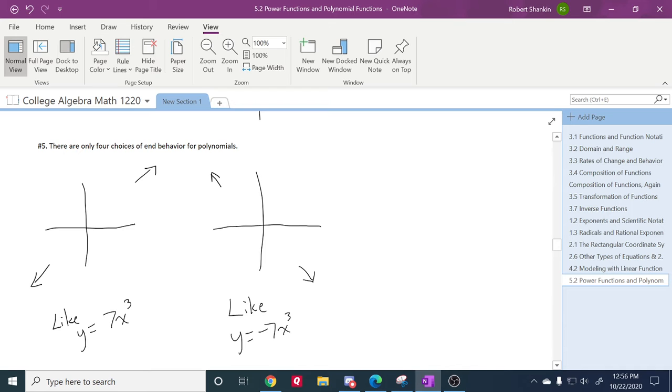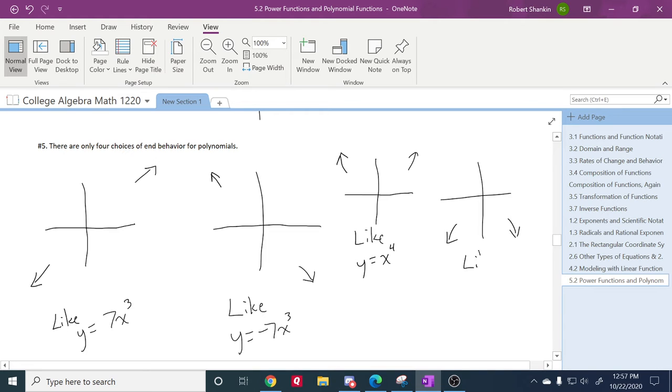So those are 2. The other 2 cases, let me draw them smaller to fit them in. Both up, like y equals x to the fourth, or both down, like y equals negative 6x to the fourth.